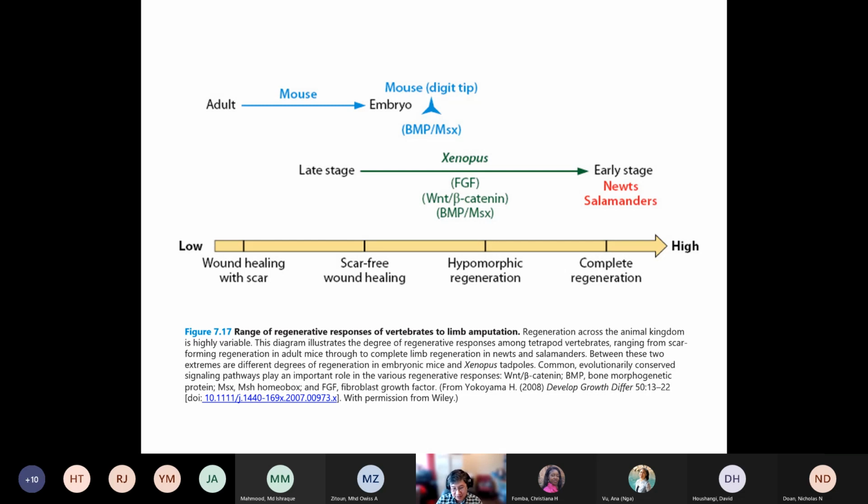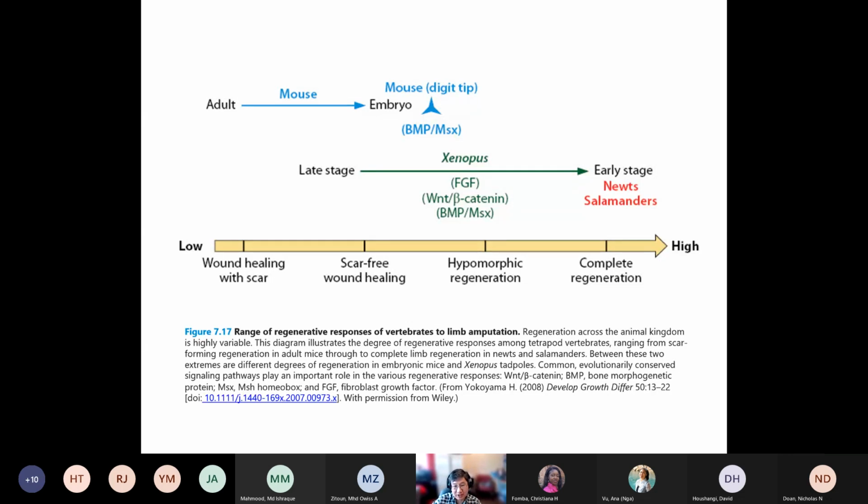So in this part, we only discuss limb regeneration, because in more advanced creatures like xenopods, like us, amphibians, rodents, deer, humans, all these tetrapods with 4 limbs, right? The most studied is limb regeneration. So we learned a lot from limb regeneration, much less from other organs or other structures. So this part will focus on limb regeneration.